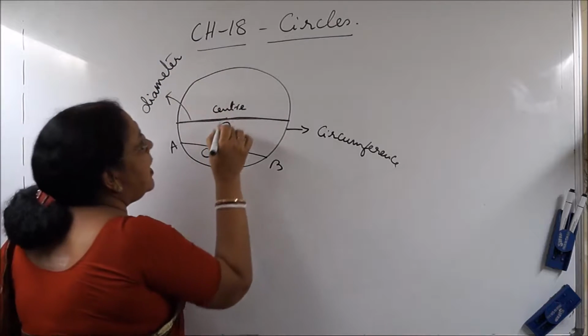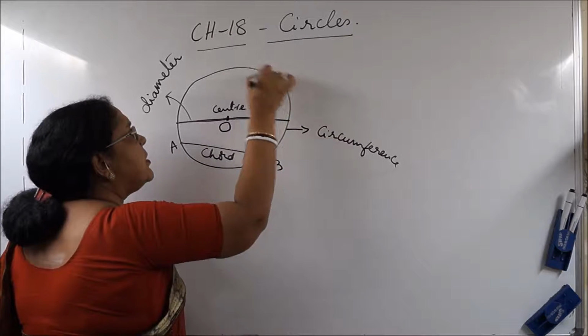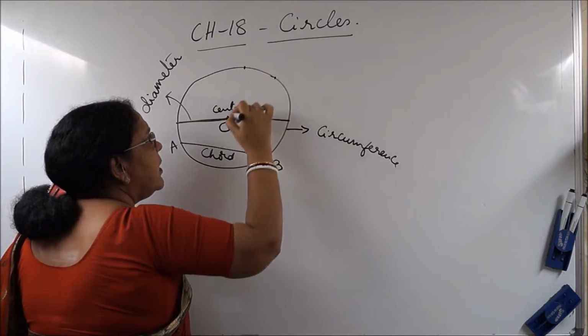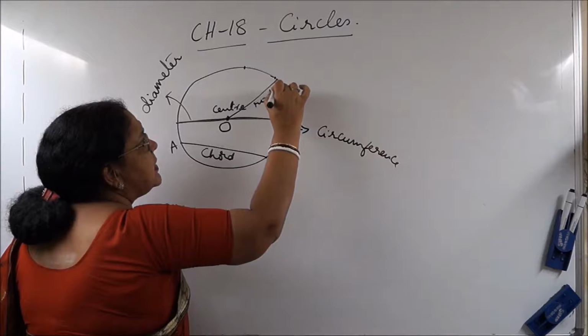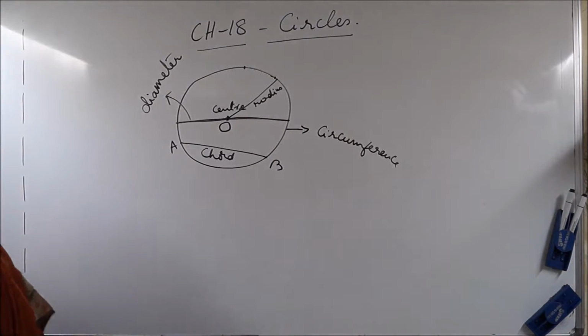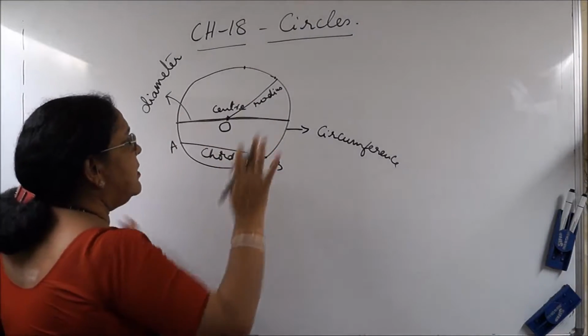And the distance from the center of the circle to any point on the circumference of the circle is called the radius of the circle. So this is the radius. All these things are already known to you. You are learning it from smaller classes. Just to brush up, we have again revised.